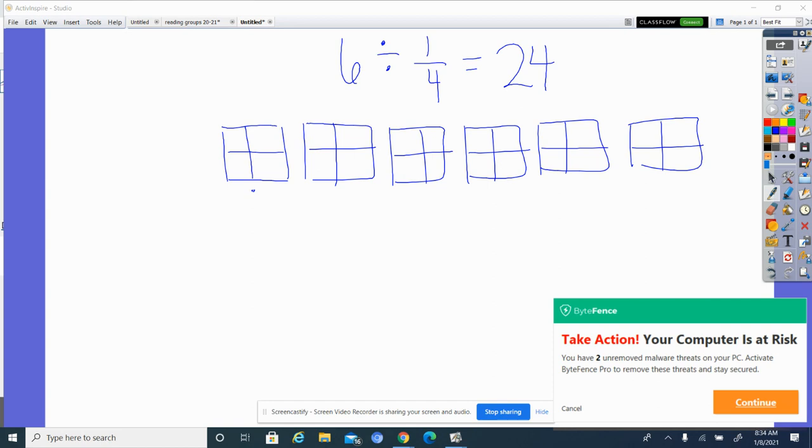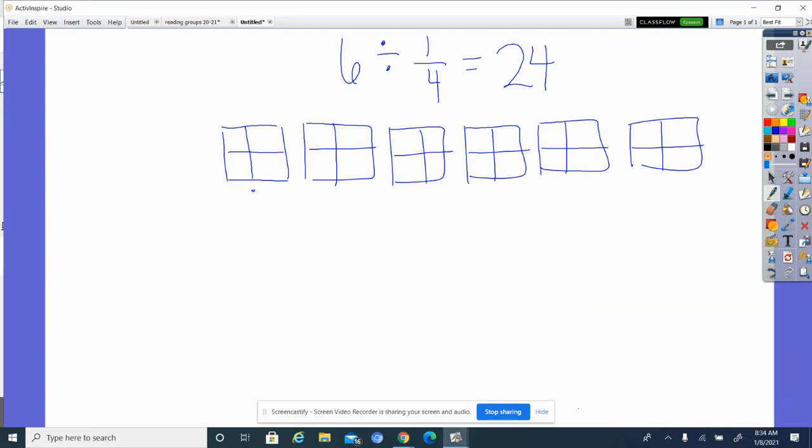We call it invert and multiply. Well, what does it mean to invert? Anybody know the definition of invert? It means flip it upside down. So we're going to leave the first number alone.